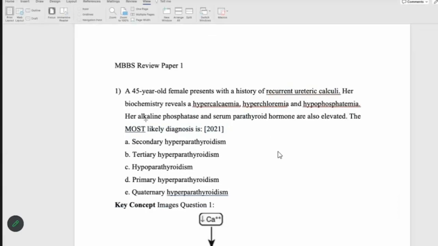And the ALP and the PTH are elevated. So look back on the question options, right? The answers. And we're seeing secondary hyperparathyroidism, tertiary hypoparathyroidism, primary hyperparathyroidism, etc.